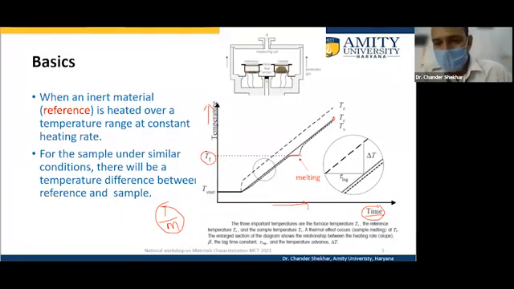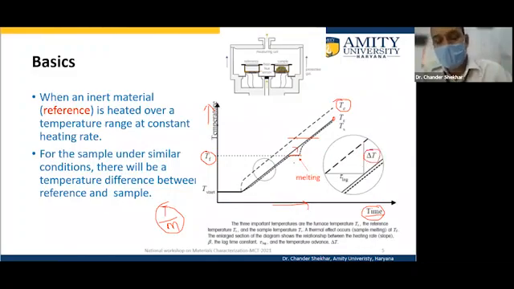Once the transformation is completed, because the furnace temperature is increasing continuously, the difference in the temperature of the furnace and the sample has actually increased.